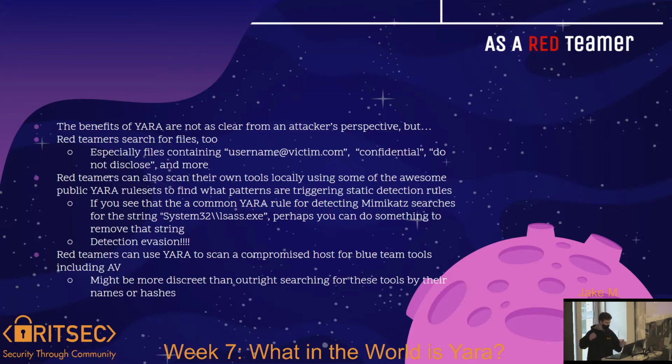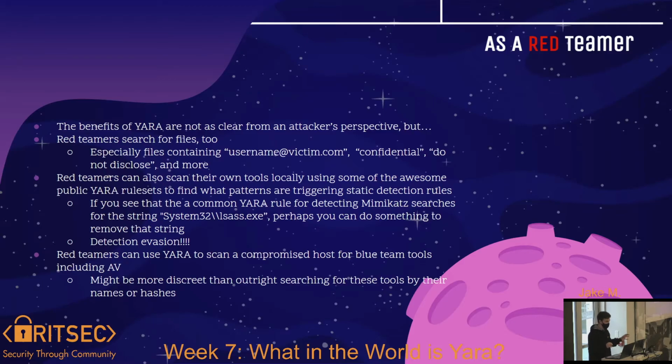For example, one of the rules uploaded to the Mimikatz repository searches for that string, system32 LSASS. What if you just split that string in half, combine it at a later point, and then recompile Mimikatz? That rule won't trigger anymore. That is very, very powerful. Detection evasion.